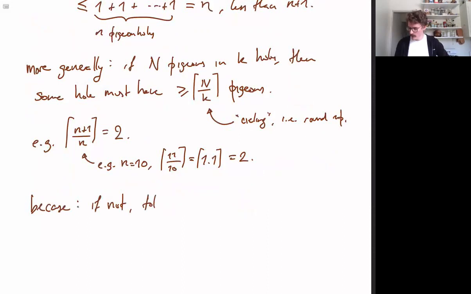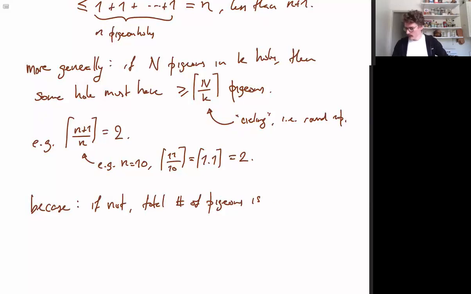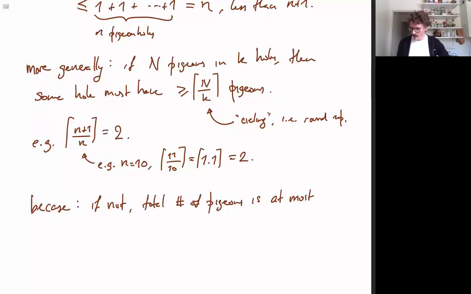If not, the total number of pigeons is at most, so we have k pigeonholes, so we'll multiply that by the number of pigeons in each pigeonhole, which is at most the ceiling of N over k, minus 1.